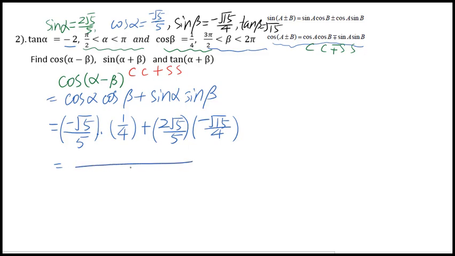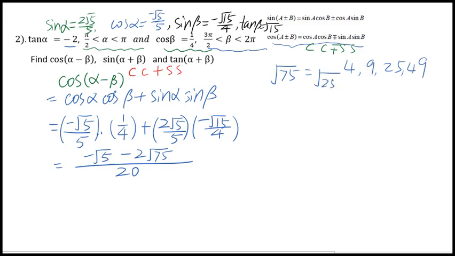Then your denominator is 20. Negative square root of 5 times 1 is negative square root of 5. 2 square root of 5 times negative square root of 15, you will get minus 2 square root of 75. Square root of 75, using 4, 9, 25, 49, you will get the square root of 25 times 3.